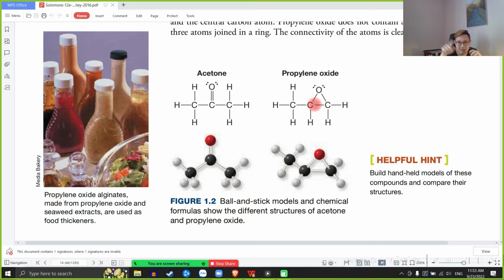Molecules that look very tight, like a square or a triangle, tend to be extremely reactive because of angle strain, the stress between the angles, which you will learn about. So in my opinion, propylene oxide is the more reactive molecule. Acetone, yes, because of the double bond, but it's not as reactive as the one on the right.